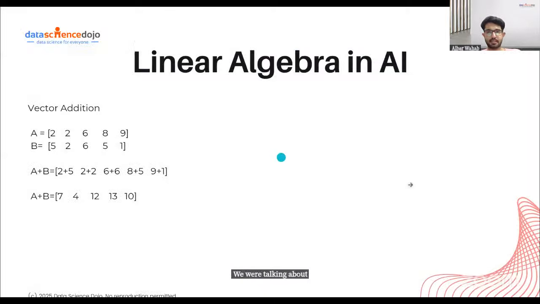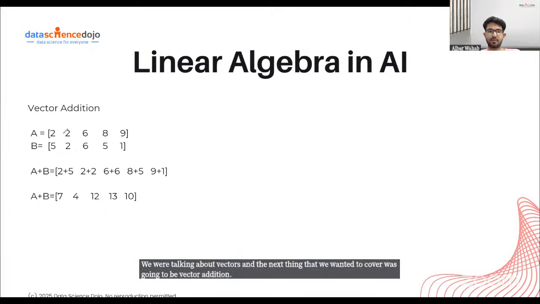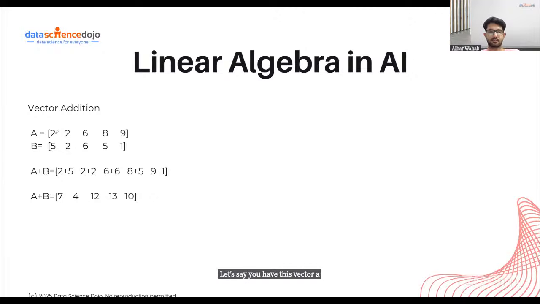Okay, so we were talking about vectors, and the next thing that we wanted to cover was going to be vector addition. Let's say you have this vector A, which has the points 2, 2, 6, 8, 9, and B, which has the points 5, 2, 6, 5, 1.